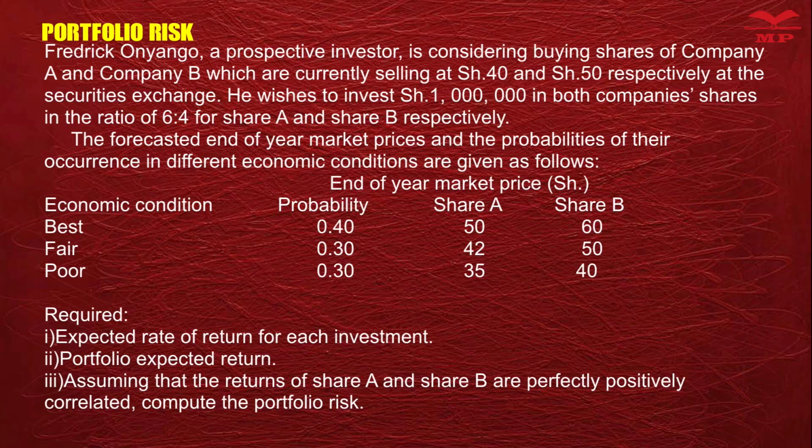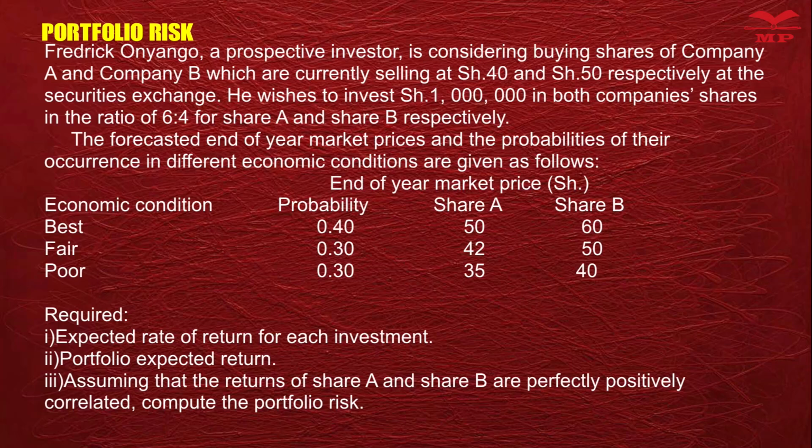You only apply the probability on a rate, not on shillings. You apply the probability if you are given the rates. In this case, the rates are not provided. So there's no way you can take 0.4 times 50 plus 0.3 times 42 plus 0.3 times 35.